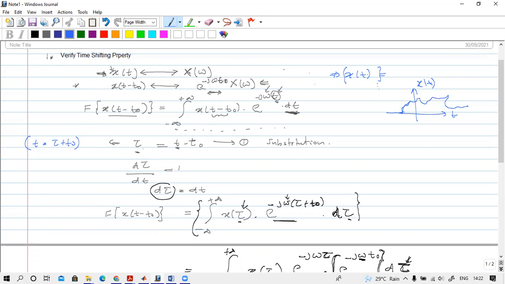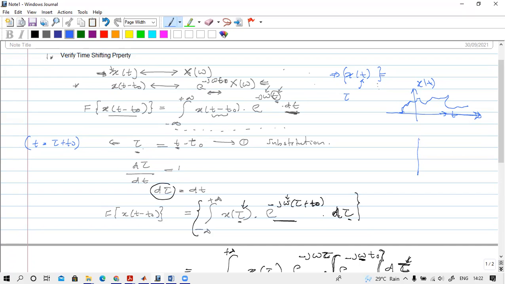But if we remove these t terms and write tau instead of t, is there any difference to this shape?